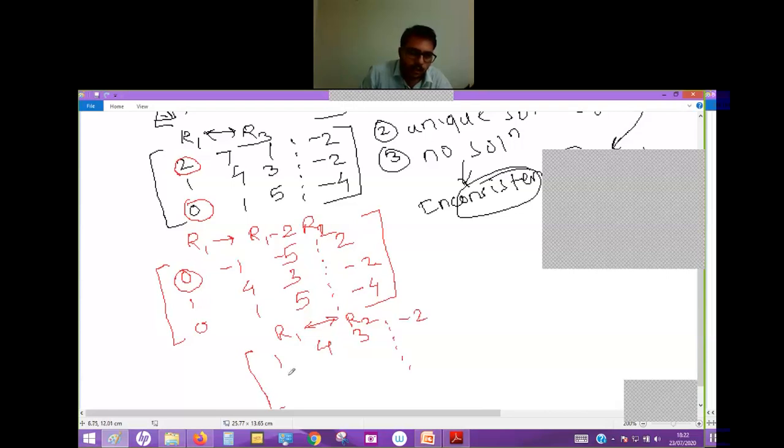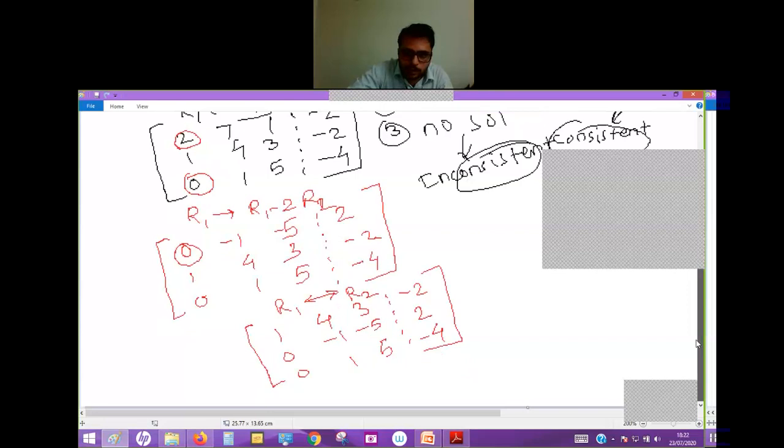Then I'll be having 0, minus 1, minus 5, and, sorry, 2 will be there. And the third row will be as it is, 0, 1, 5, and minus 4. Are you getting this? Is it looking somewhat like echelon form?